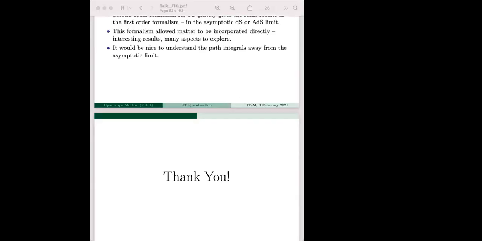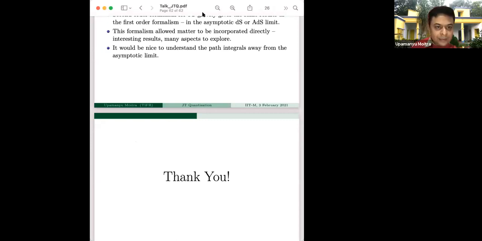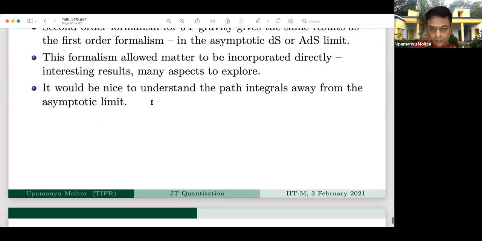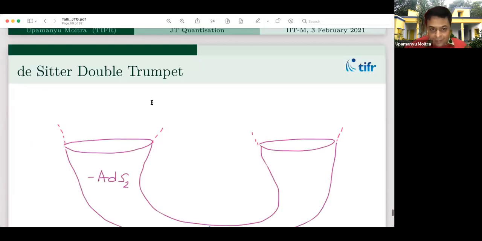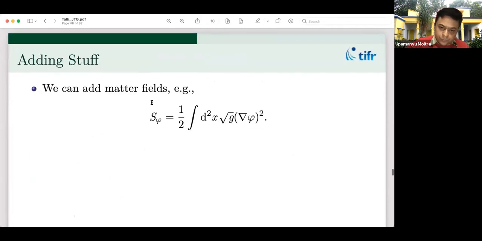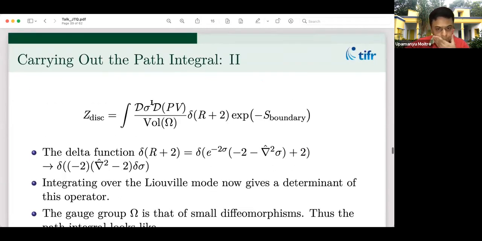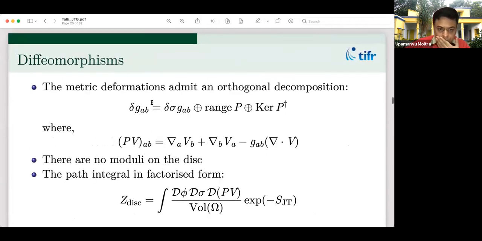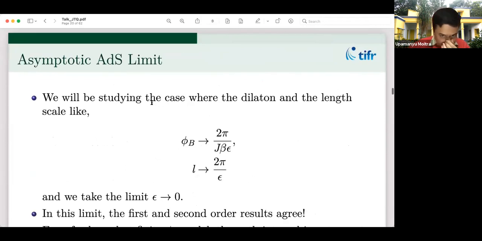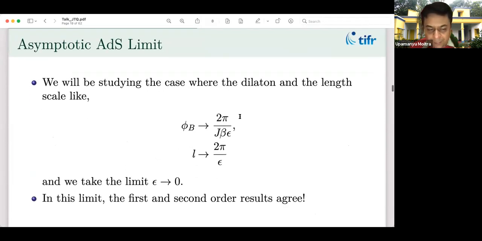Upamanyu, can you say a little bit more on this asymptotic dS or AdS limit, because I'm still not understanding this. Okay, let me go back. Defined this way, this is what corresponds to the asymptotic limit.